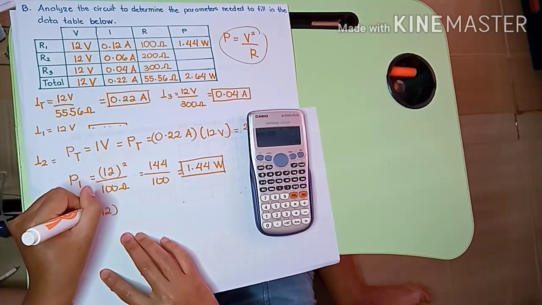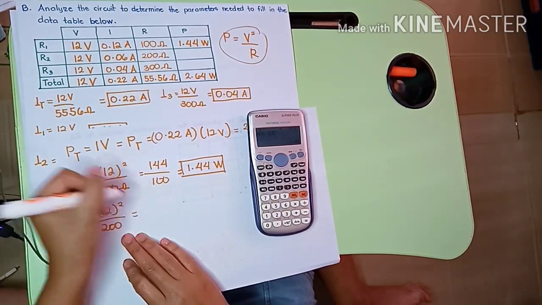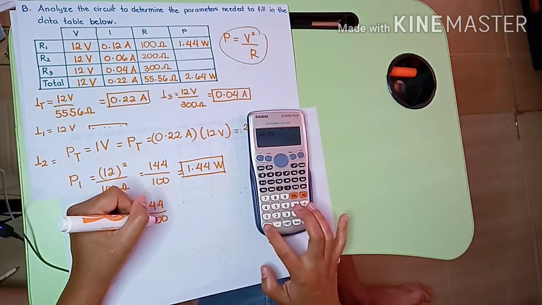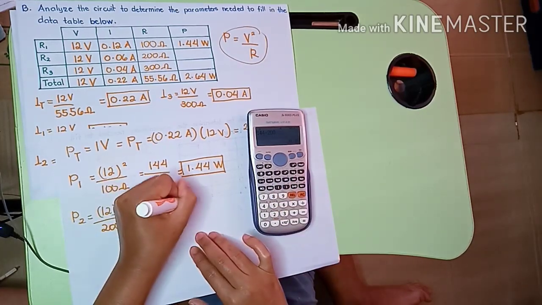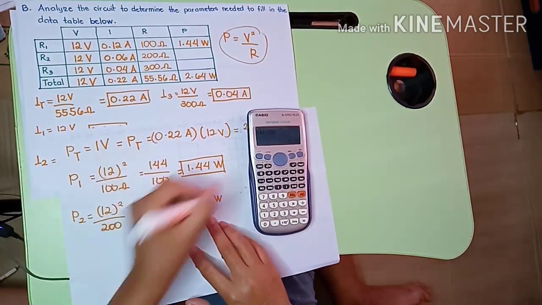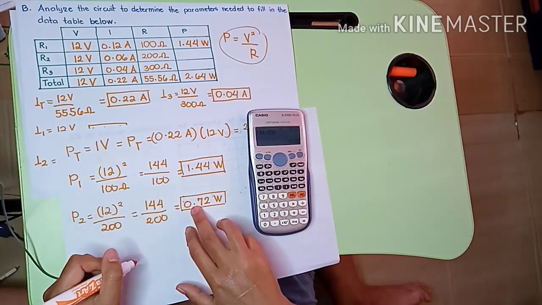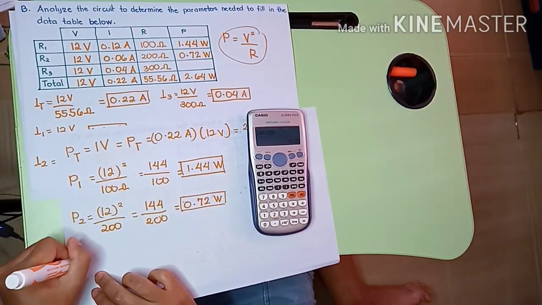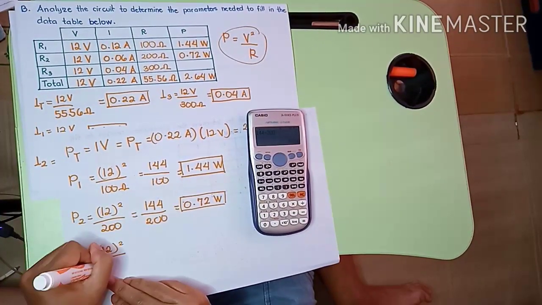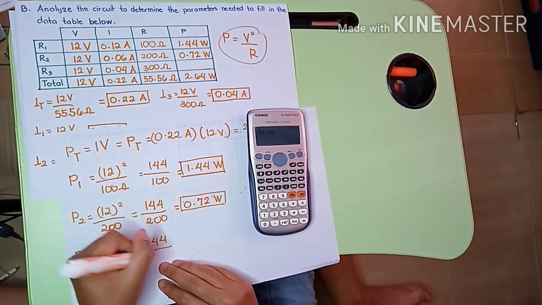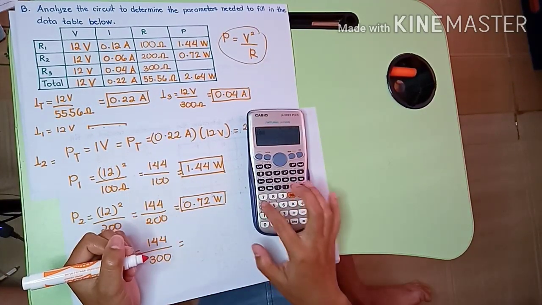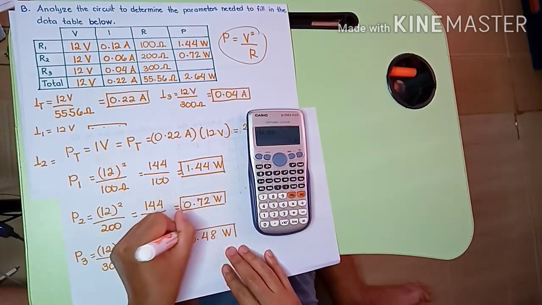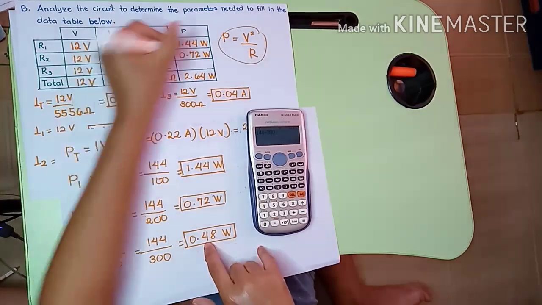Power 2: 12 squared over 200 ohms is equal to 144 over 200, equals 0.72 watts. That is our power 2. The same process for power 3, which is 12 squared over 300 ohms, equal to 144 over 300, which is equal to 0.48 watts.